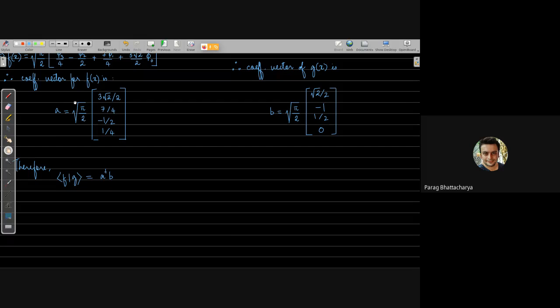Now this root pi by 2 and root pi by 2 will get multiplied and we'll get pi by 2, as the root will go. Then the column matrix is going to become a row matrix. So we will have here 3 root 2 by 2 as the first element, the next element is 7 by 4, the next is minus 1 by 2, and the last one is 1 by 4.